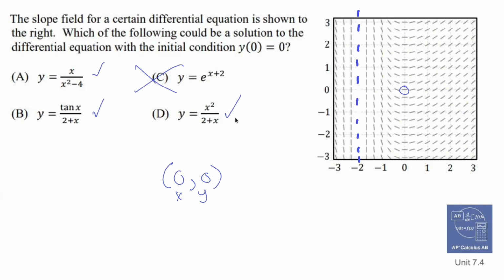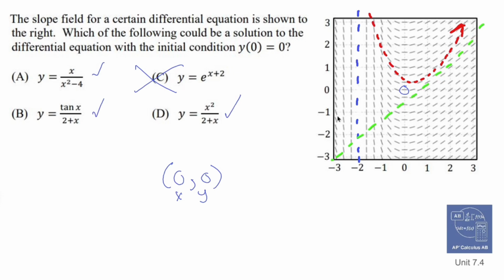It also appears that if I were to pick a point here and notice the behavior, this guy slopes down and shoots back up like this, which indicates some type of horizontal, or slant rather, asymptote.